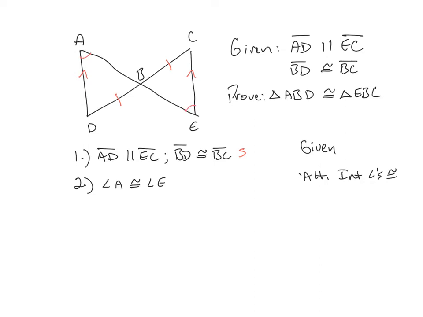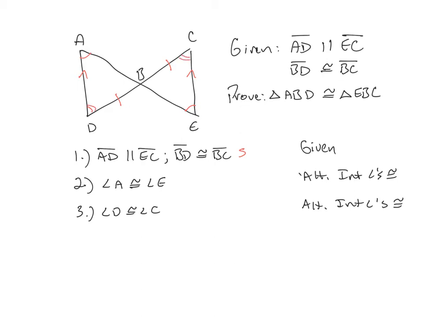This problem has multiple solutions, and I'm going to show you both. You could also say that angle D is congruent to angle C for alternate interior angles congruent, again, just a different transversal.